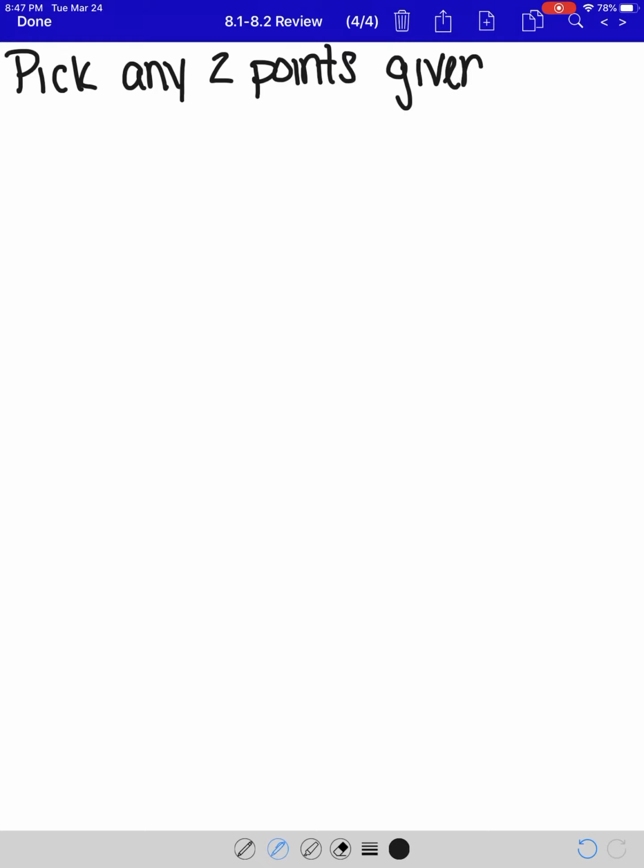When you are calculating slope, no matter what, you can pick any 2 points given. Okay, first, label the points.